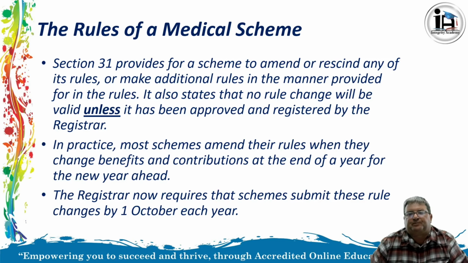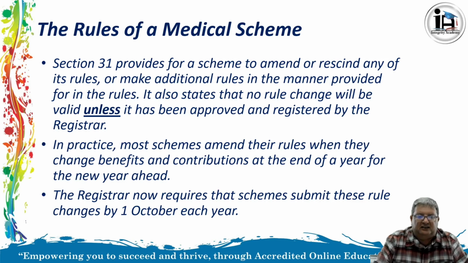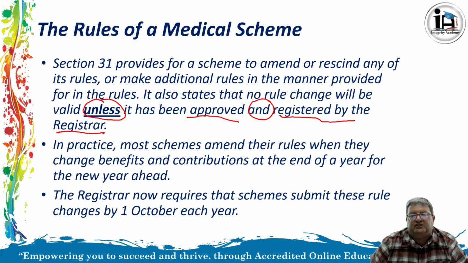So, whenever you want to change benefits or benefit options of scheme rules, it will not be allowed unless it has been approved and registered by the registrar. So you must send those things into the registrar to get them approved and registered.